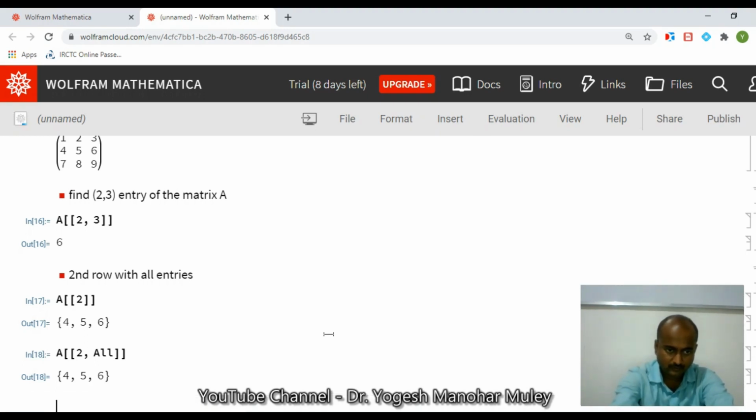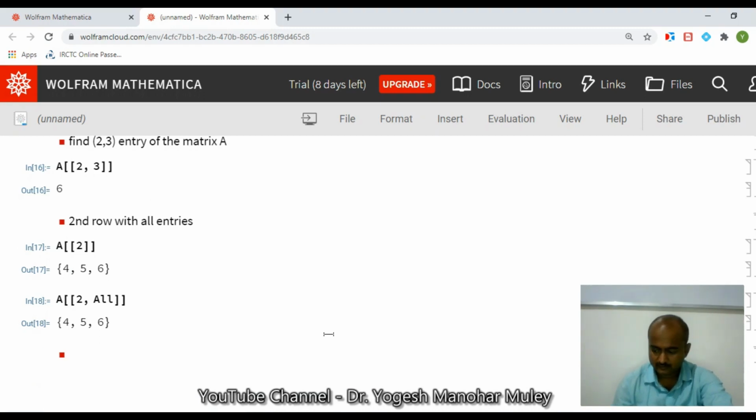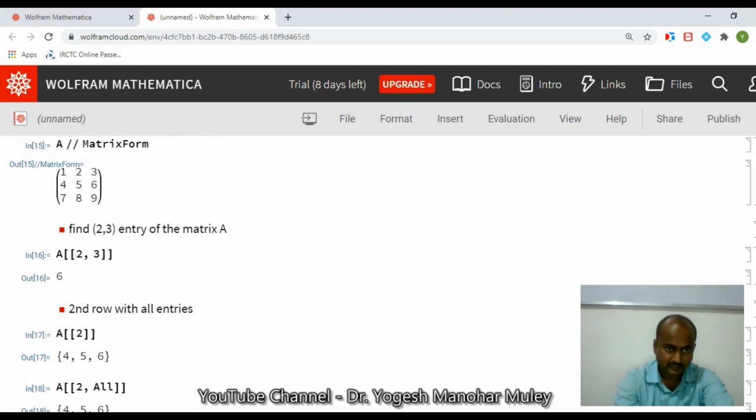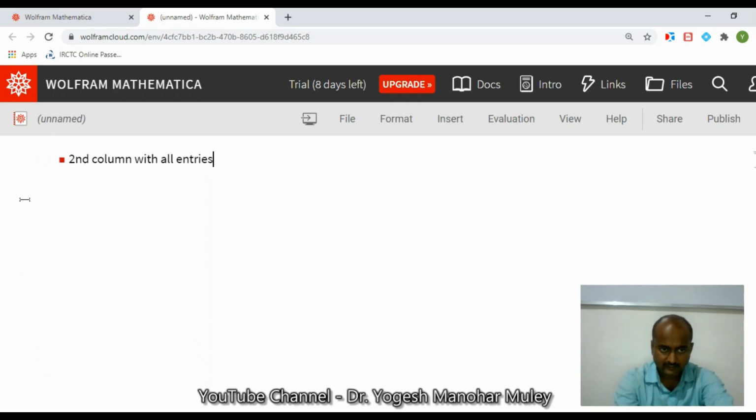Now we'll find the second column with all entries. This means for the second column, 2, 5, 8, we will need all rows and the second column.